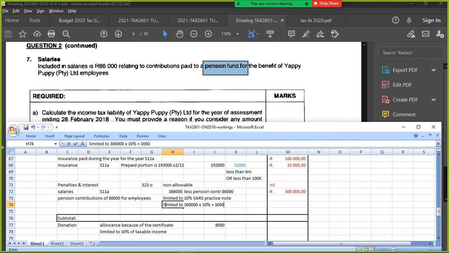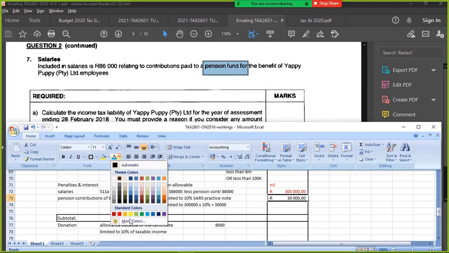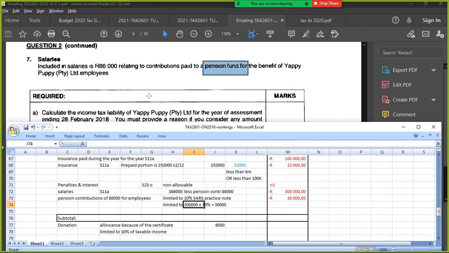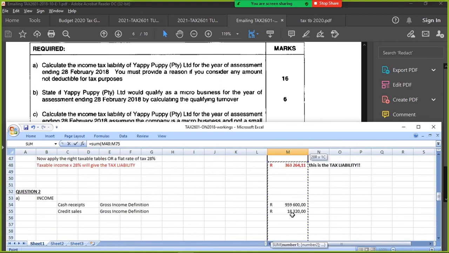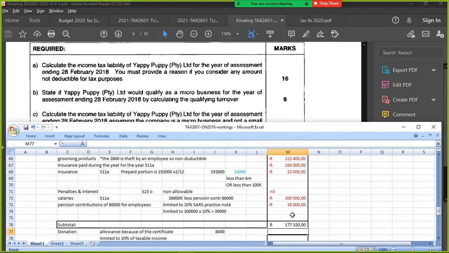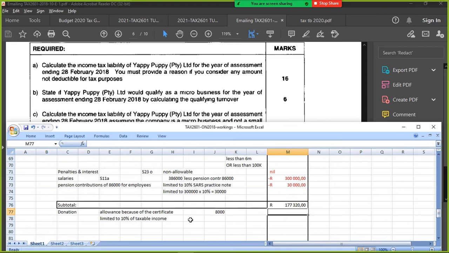So it is going to be limited. Make sense? Yes. Okay. And that's it. Now we can wrap up this question. We just need to tally up. Oh, we just need to look at that 10%. Okay, so add and subtract all of this stuff. Okay, times it by 10%.